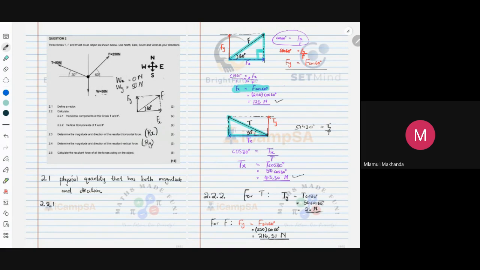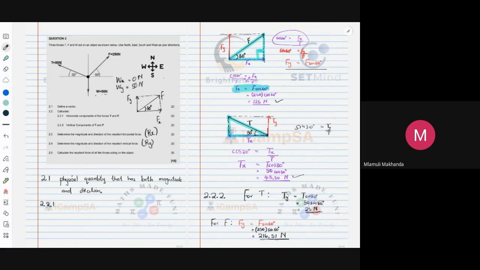So that Ry, Rx that you've been seeing just means resultant along the X and resultant along the Y. Resultant along the X means we add all vectors that are acting along the X direction. Resultant along the Y means we add all vectors that are acting along the Y axis. Okay, so that's what it basically means.